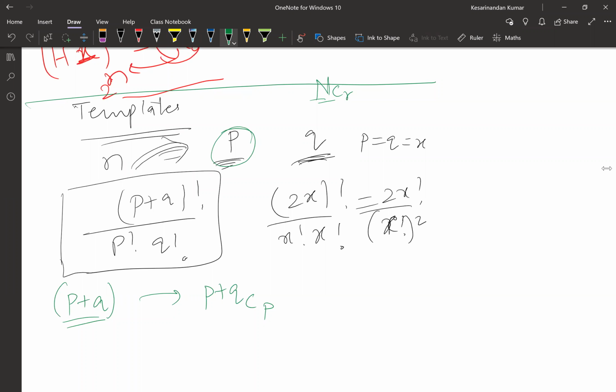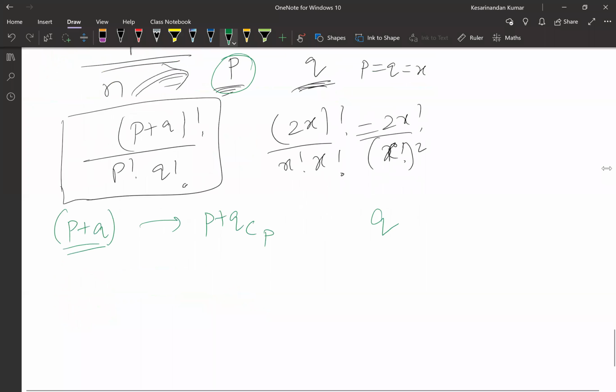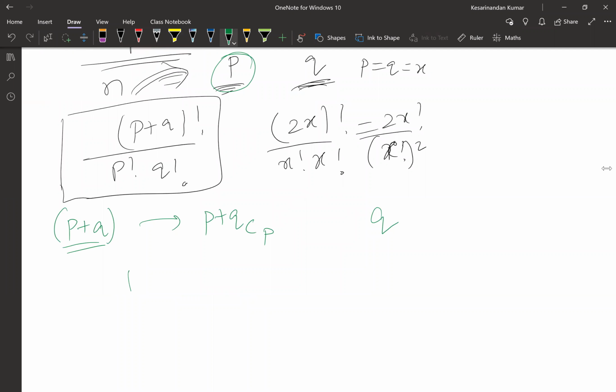Now, how many items are we left with? We are left with q items, correct? Now, how many groups have we formed? We have already chosen p, and we are left with q. So we have two groups, p and q.